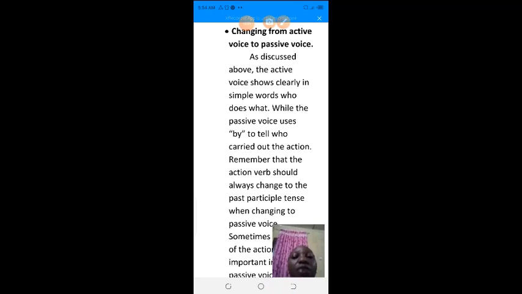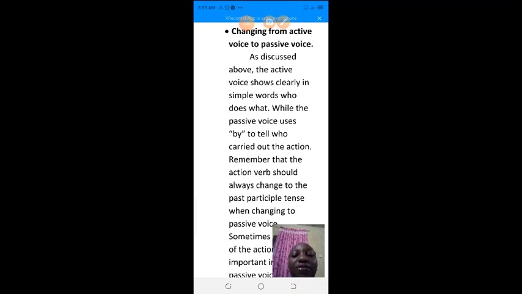For example, say Vera swept the class. While the passive voice uses by to tell who carried out the action: the class was swept by Vera. In the active, we have Vera swept the class directly. In the passive, the class, which is the object, will come first, and then Vera will come last because she is the subject.